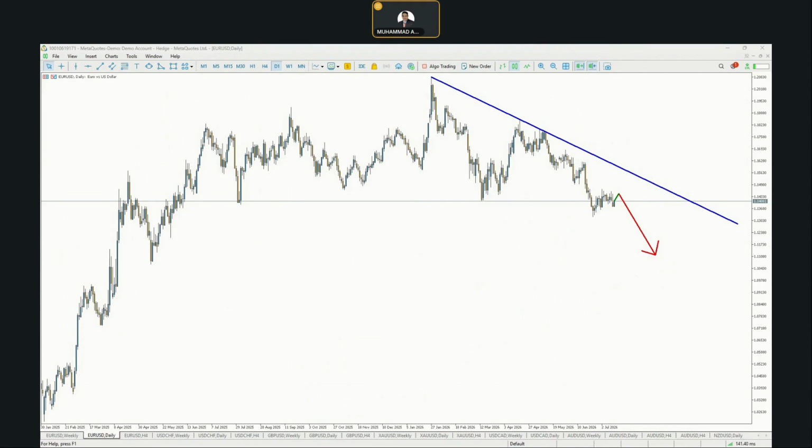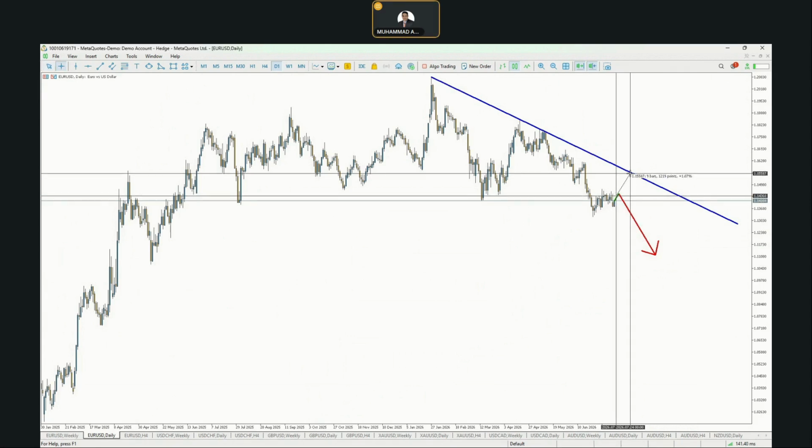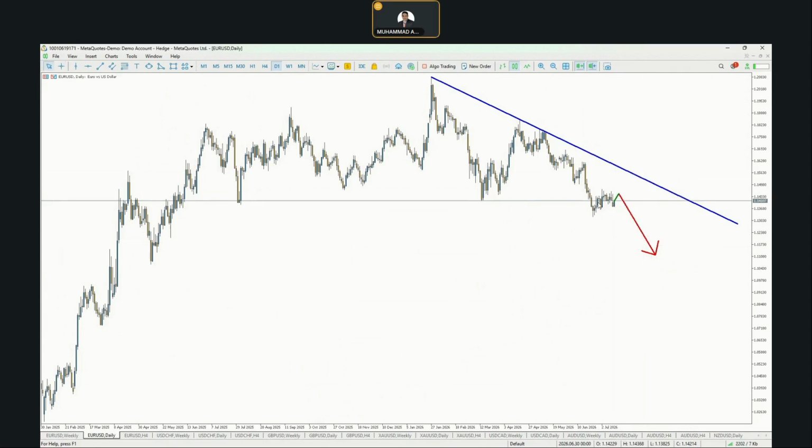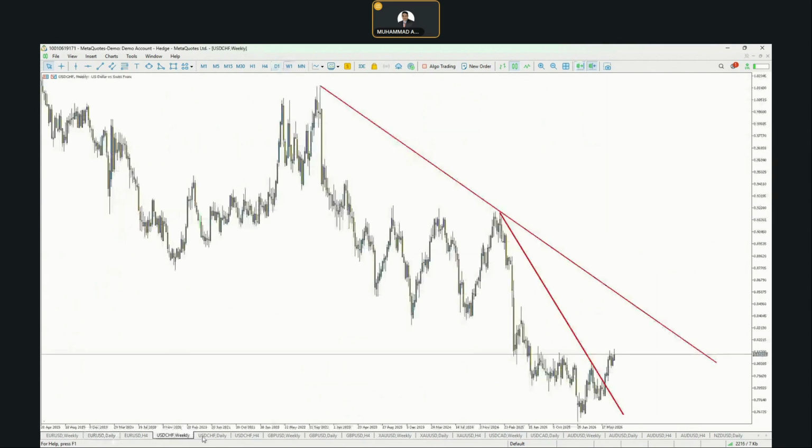And as far as the price action over here, you can see that the market is staying below this downward sloping trend line. So this looks to me like a bearish downtrend going on in the euro dollar currency pair. The market might try to retest this trend line and then go back down, or just go sideways and then drop further. Next one is the US dollar Swiss franc currency pair.